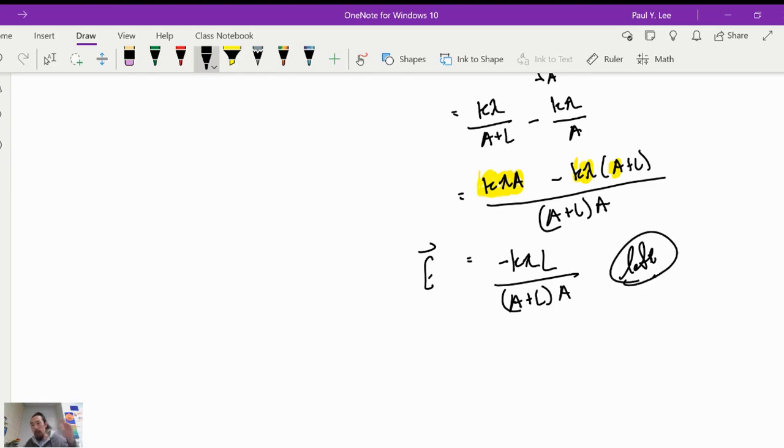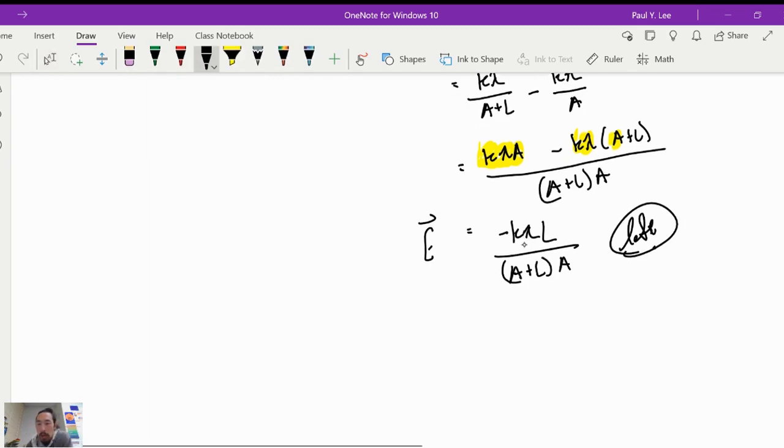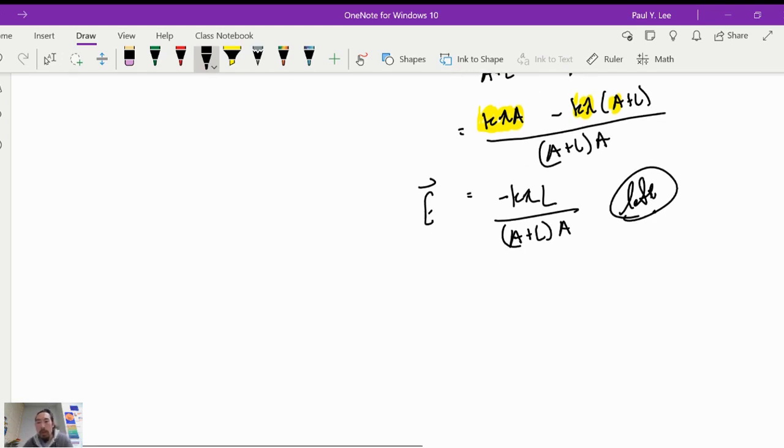All right. Now, what we can do at this point, because we don't want this charge density there for the sake of the next couple of seconds of what I want to explain, is replace that lambda L with Q. As a reminder, lambda is charge per length.